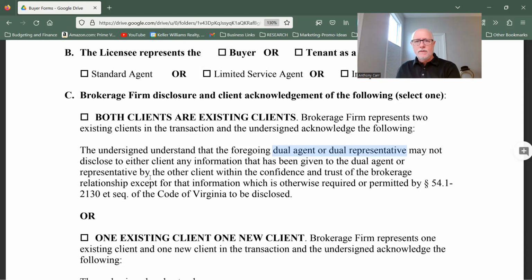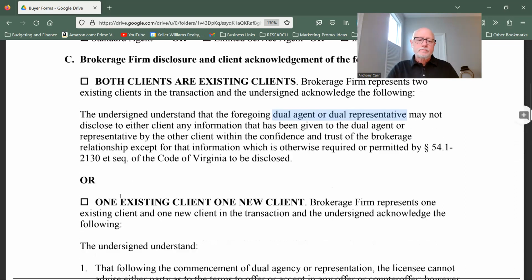The buyer has told me things about their finances, about their personal lifestyle situation that's affecting their move. I can't take that information and share it with the seller. Now, even if I wasn't in dual agency, I couldn't take that information and share it with the seller. But we are making sure on this form that both clients understand anything you've told me is under our confidential arrangement. I'm not telling that to either the buyer or the seller.